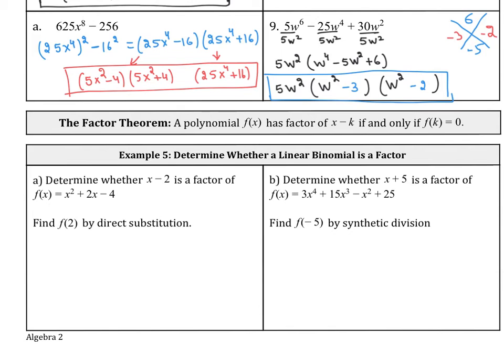The next thing we are going to discuss is the factor theorem. A polynomial f(x) has a factor of x minus k if and only if f of k equals 0. In the previous lesson, we found f of k using synthetic division and using substitution.